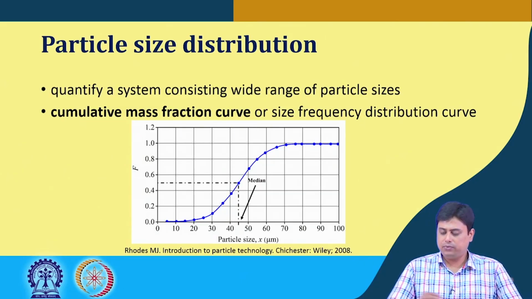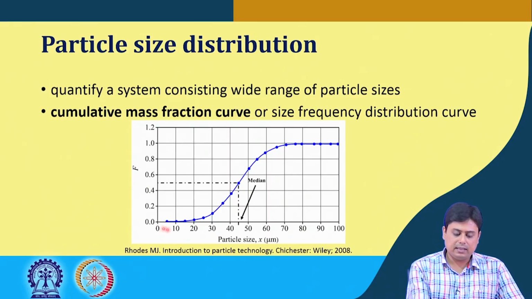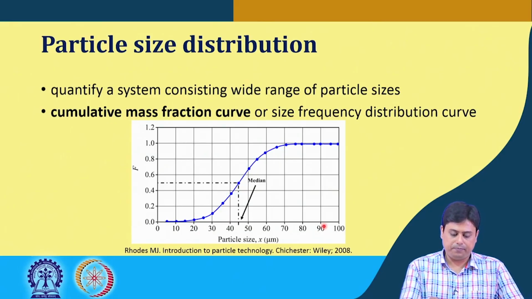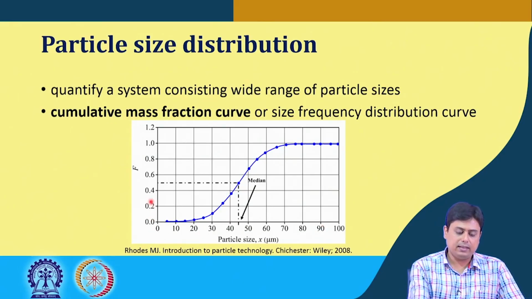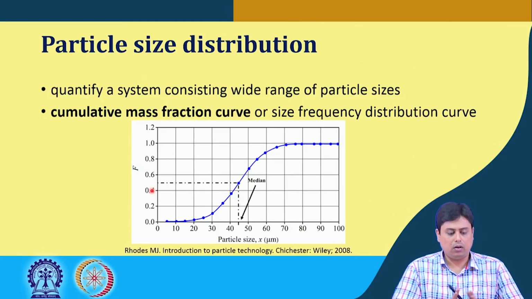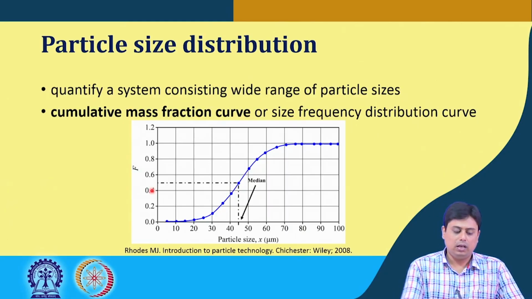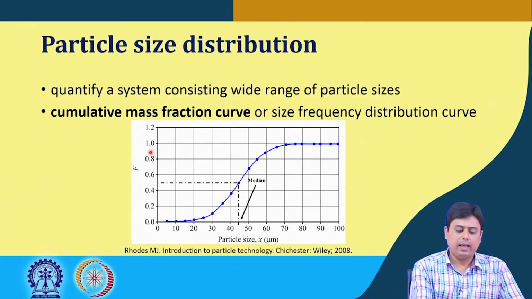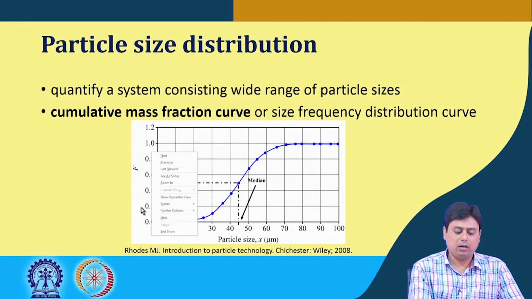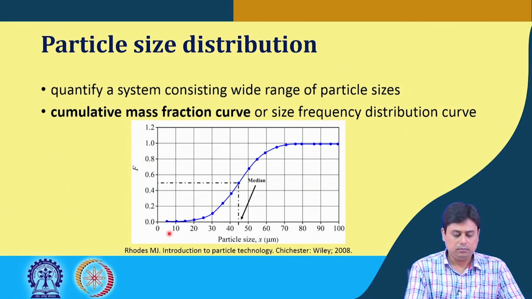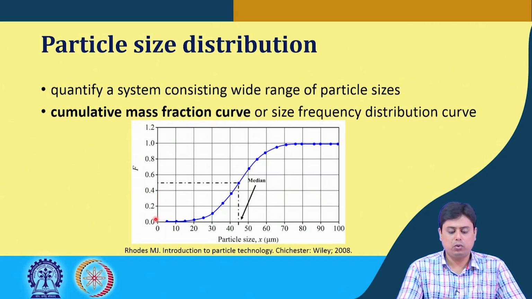The x axis is the particle size and the y axis is the cumulative mass fraction. The sum of the mass fractions of a sample will total 1.